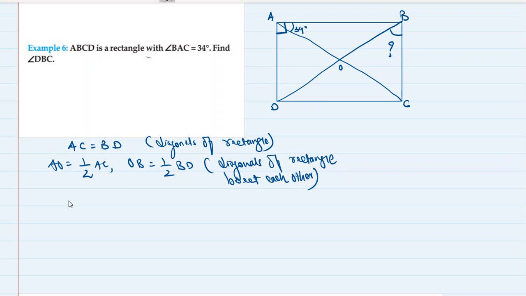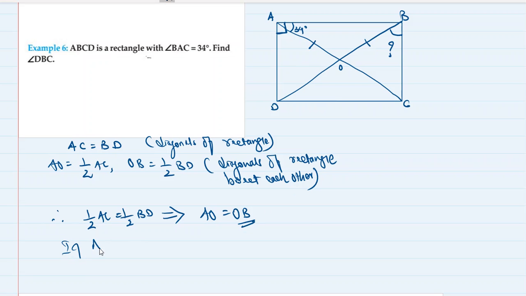Great. So we can say that half of AC is equal to half of BD, which implies, see, AC is equal to BD, so half of AC will be equal to half of BD, and which implies that AO is equal to OB. So we have proved that AO is equal to OB.